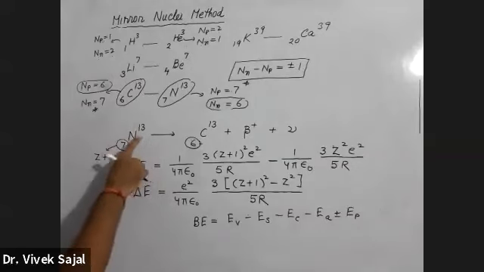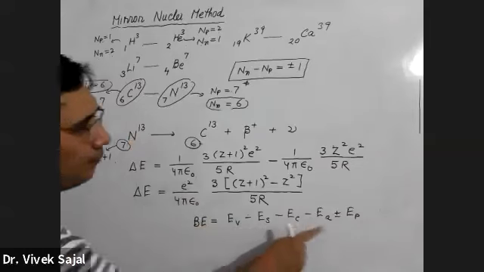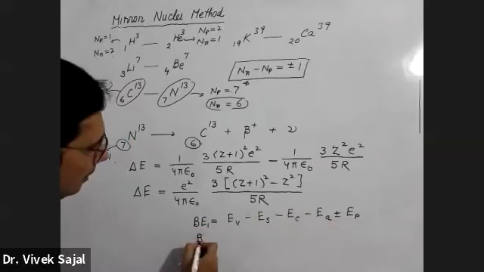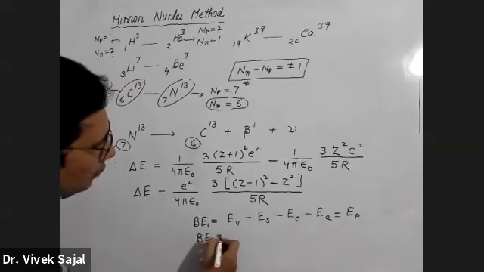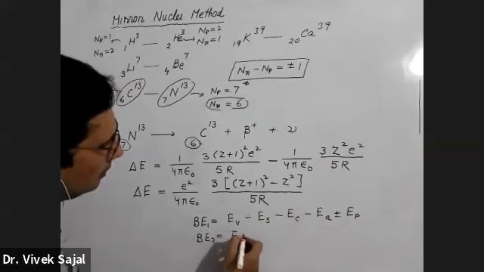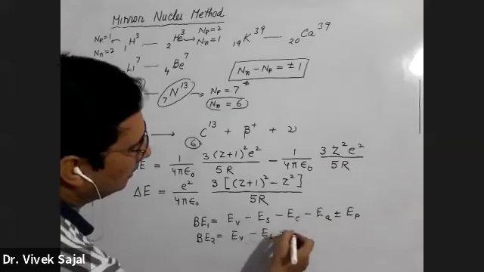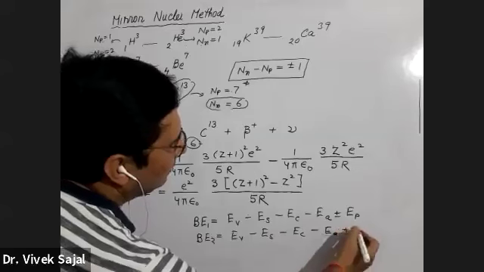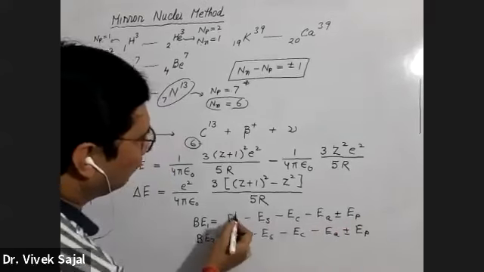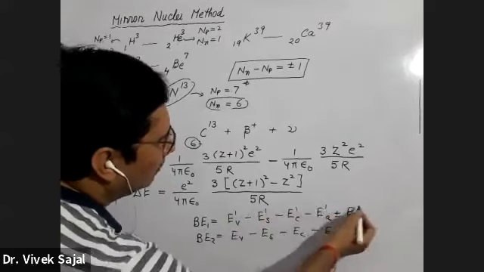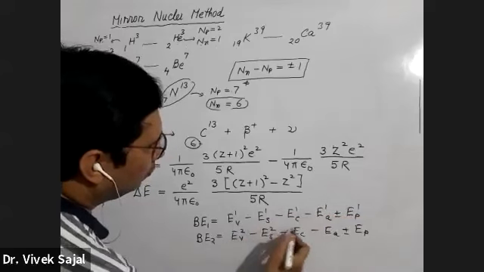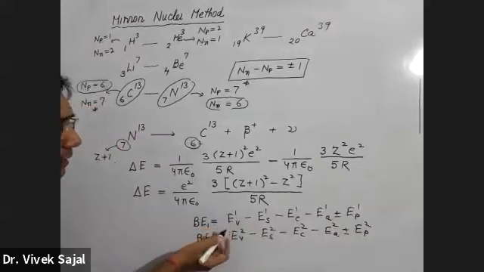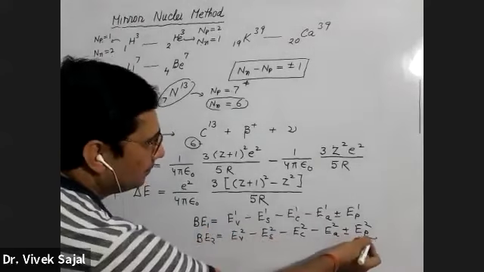But in this case, when I calculate binding energy for this, I will have 5 components. Suppose this is BE1, and then I will write binding energy for the second. This will be EV minus ES minus EC minus EA plus minus EP. यहाँ पे सभी में बेटा 1 लगा लो, and here 2 for all.